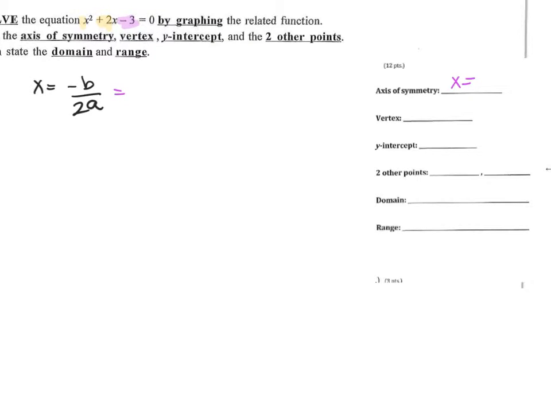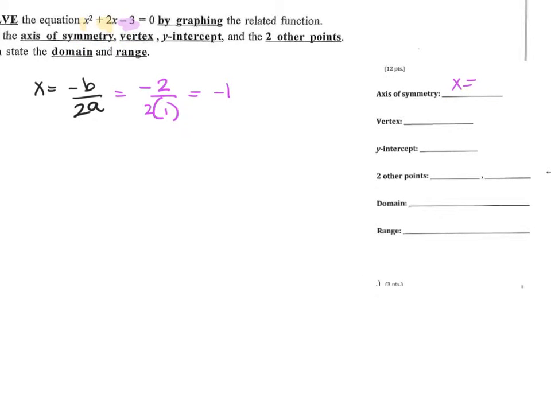So if it helps you to write x equals from the very beginning, do so. Well, the opposite of b, which is 2, over 2 times a, which is 1, gives you -2 over 2, which is -1. So when I go to write down my answer here on the right-hand side, I am going to write x equals -1. That is the axis of symmetry.